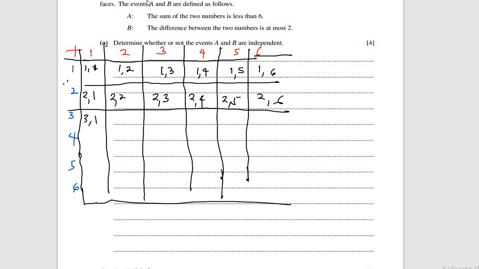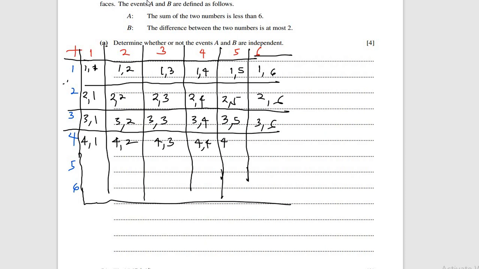This is 3,1; 3,2; 3,3; 3,4; 3,5; 3,6. Then 4,1; 4,2; 4,3; 4,4; 4,5; 4,6. Then 5,1; 5,2; 5,3; 5,4; 5,5; 5,6.